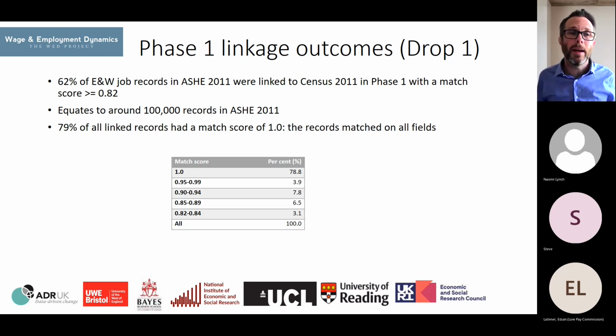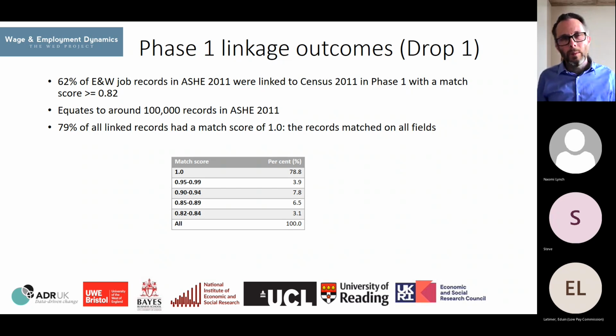So ONS only have the date of birth, the gender, and the home postcode. Now, if you've only got that information going into your deterministic match process and you haven't got the name, it's quite hard to determine whether two records that you link are identical.